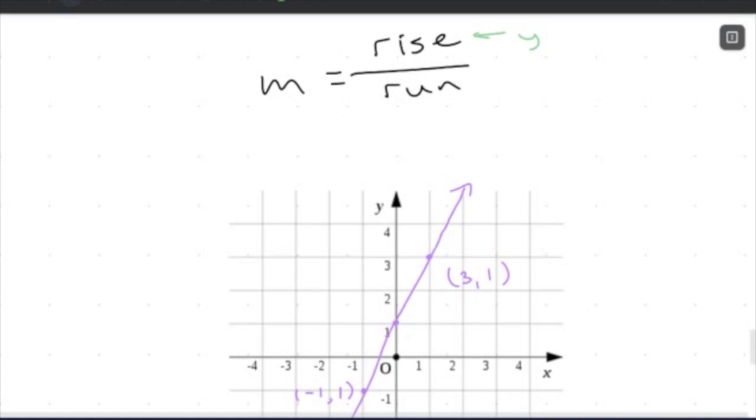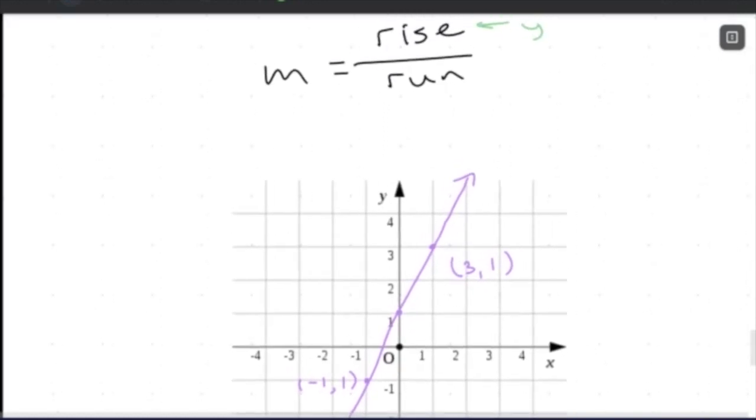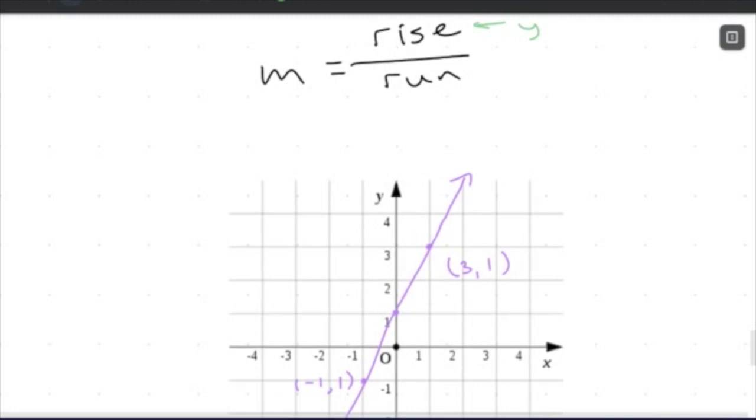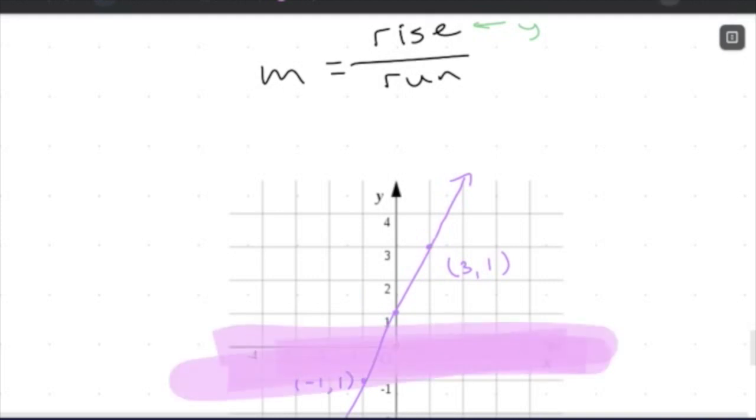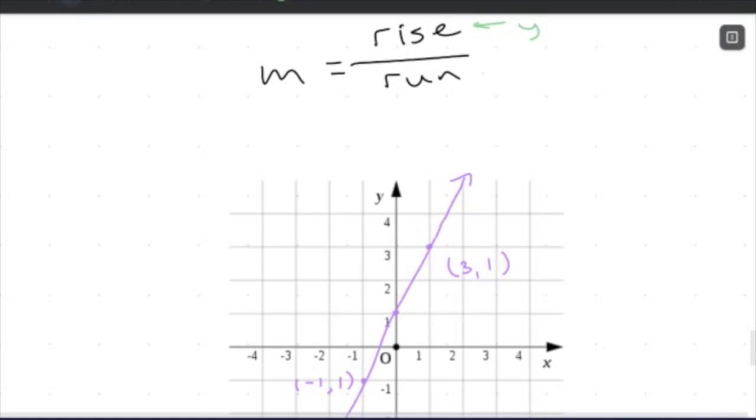And the run, I can't give you as good of an analogy, but we usually run on a horizontal line, right? When you go for a run on the street, you're running on flat ground. You're running in a horizontal path. So we can define the run as changes in x.